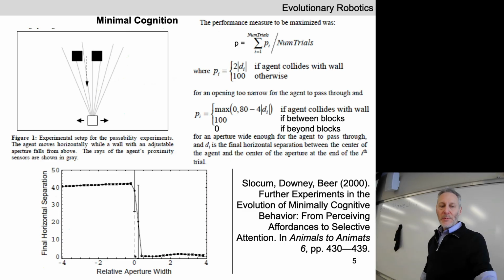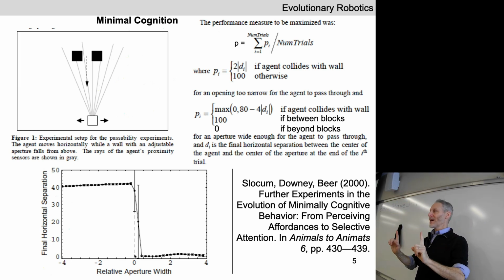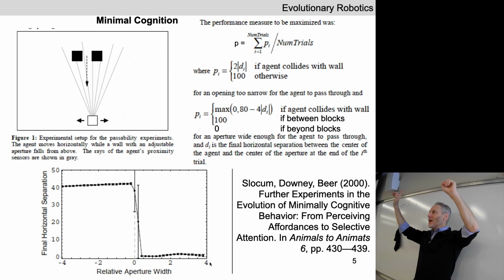A relative aperture width of 0 means the gap between the falling pair of objects is exactly the same width as the width of the robot. A value of 4 means the aperture width is 4 length units. We're dealing with a physics engine, so there's no units here. The aperture width is 4 units wider than the robot's body.